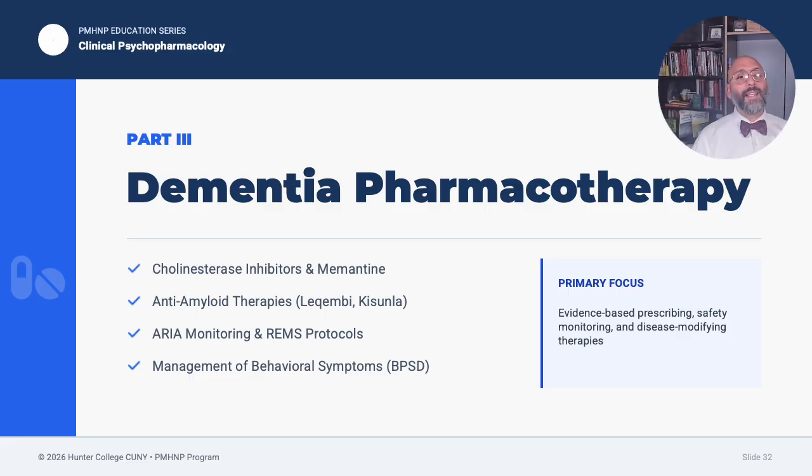Second, we're going to address the anti-amyloid monoclonal antibodies, which represent that shift towards disease modification, but they come with strict eligibility criteria, serious risks, and also complex REMS monitoring requirements. And then finally, we're going to focus on what you'll manage most often in practice, which are the behavioral and psychological symptoms of dementia. This is where clinical judgment, risk mitigation, and ethical constraint will be a factor.